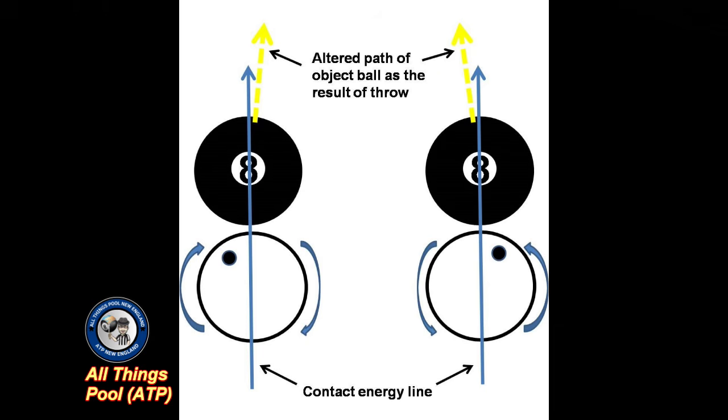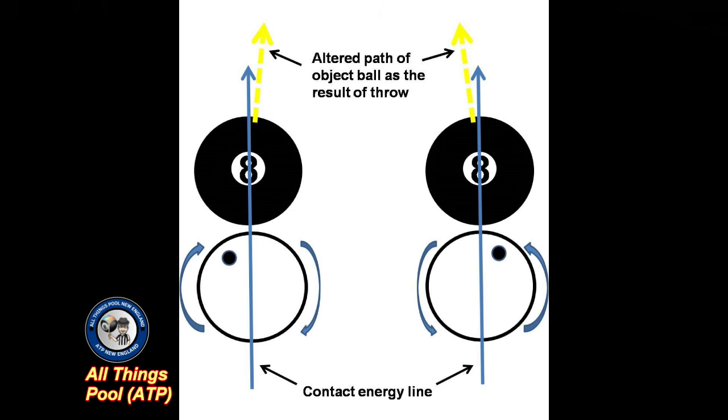So now, instead of a tangential line of energy, which of course still applies, by the way, we now have an additional factor of English. We have a rotational energy in play. So every time the cue ball has English on it, it throws the object ball in the opposite direction of the spin.